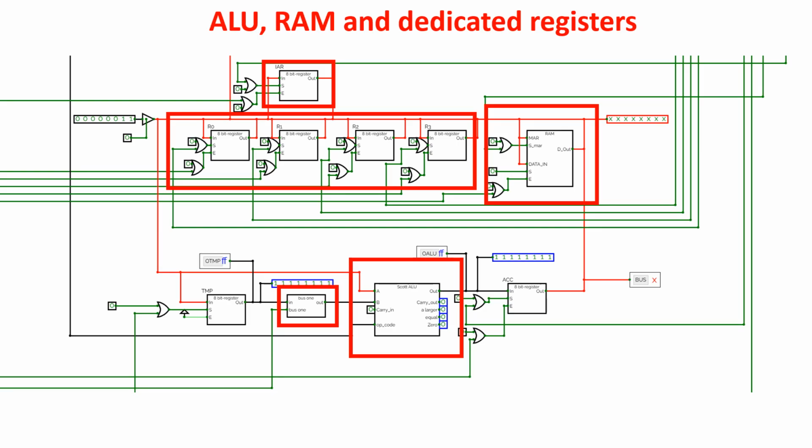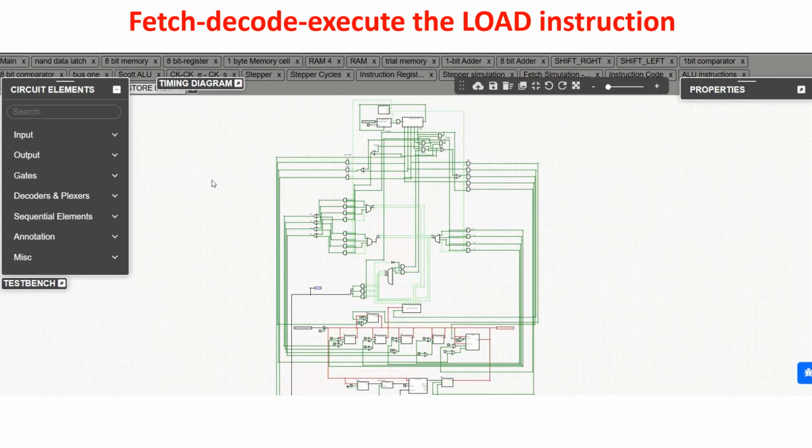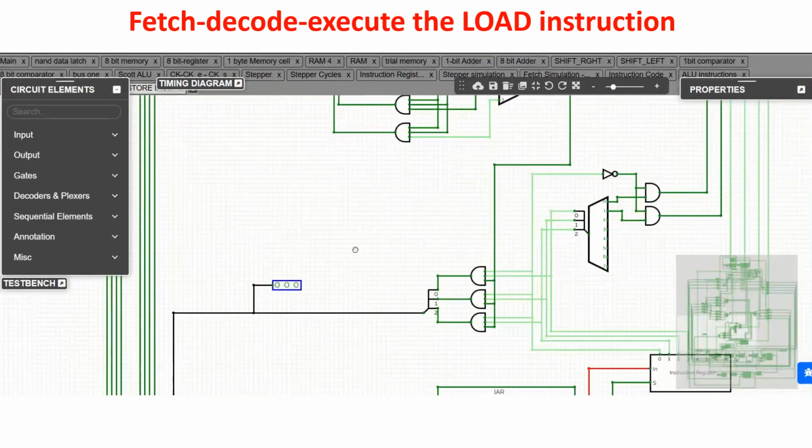Bus 1 is then connected with a temporary register where we temporarily store one of the operands of the ALU while the other is on the bus. Eventually, we have the accumulator register where we store the result of the ALU operation before storing it into the selected register. So now we run a load simulation.